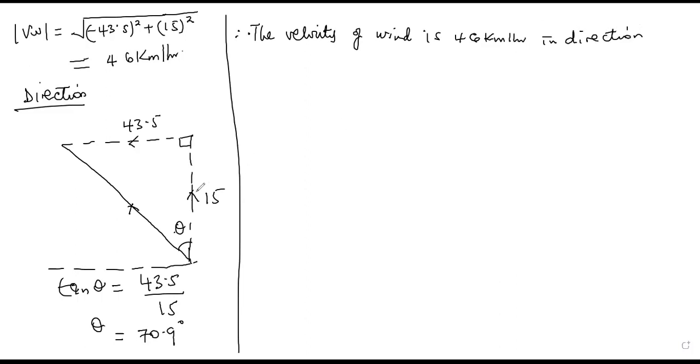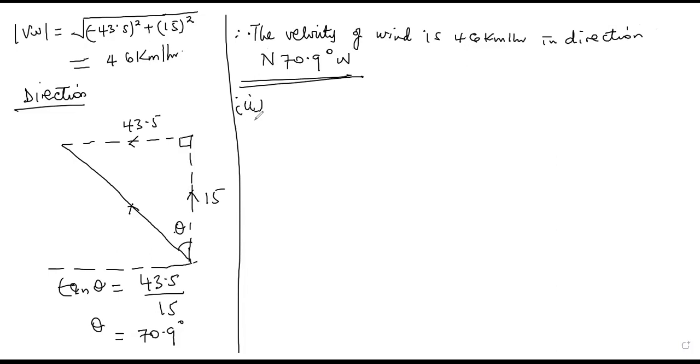The direction we first mentioned, the J component, so it is north. Then the angle 70.9 degrees. Then west. As simple as that.